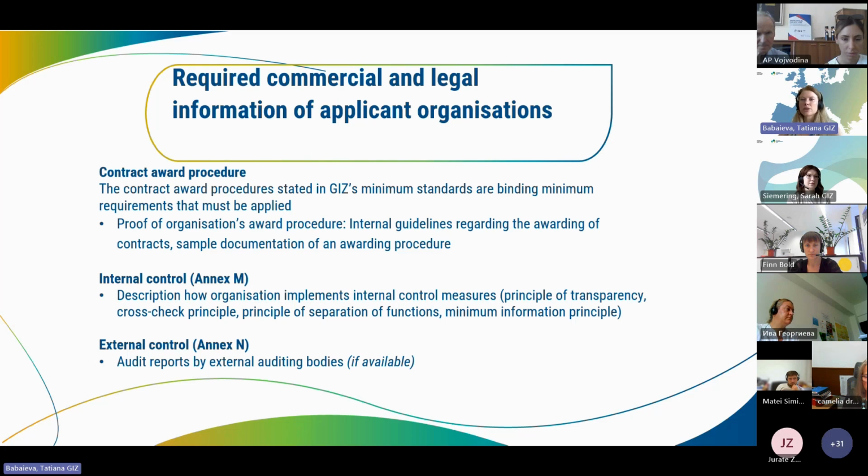Internal control is a description of how your organization implements internal control measures: principle of transparency, cross-check principle, principle of separation of functions, and minimum information principle. External control is a control by external auditing bodies, and please provide us with the report or reports if you have any.